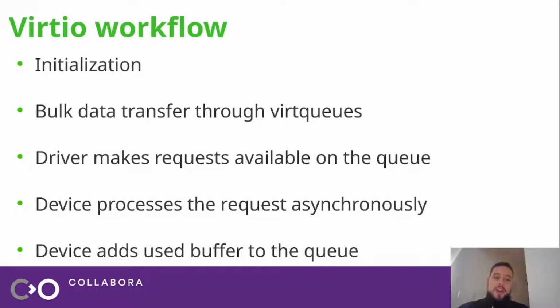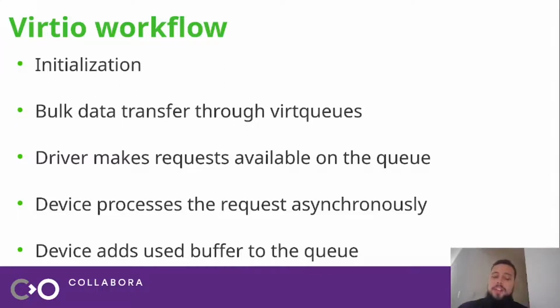In this fashion, the driver will add a used buffer to the queue, and the device will be able to process this buffer asynchronously. It will possibly put a response back into this buffer, and it'll place the buffer back into the queue, and the driver will then notice that there's a response in that processed buffer.